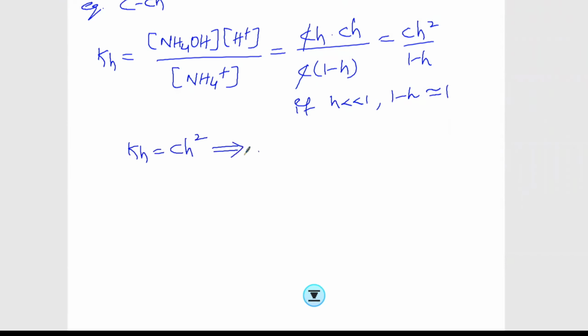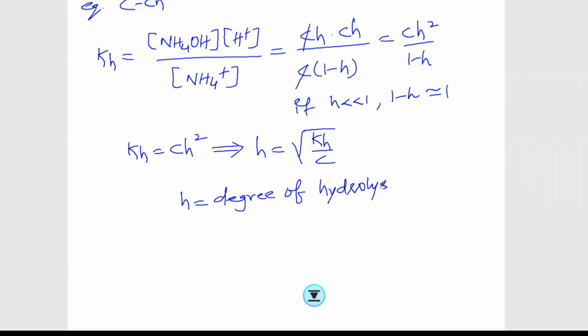From this I can write the degree of hydrolysis h equals under root Kh by C. So remember this h is the degree of hydrolysis, where Kh is the hydrolysis constant.